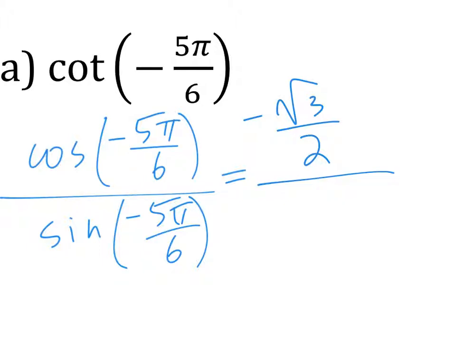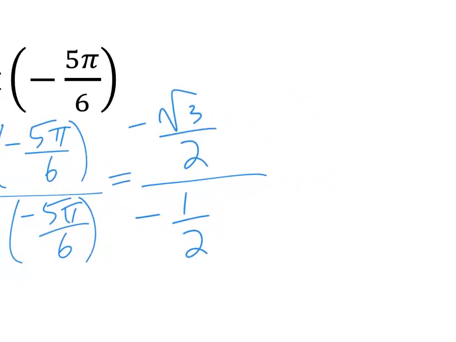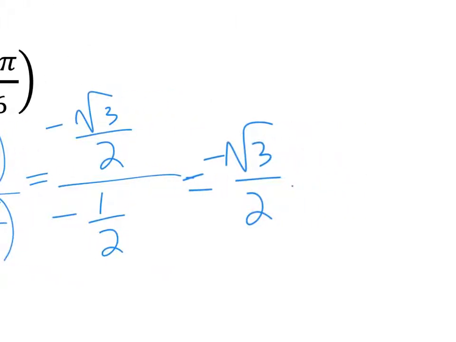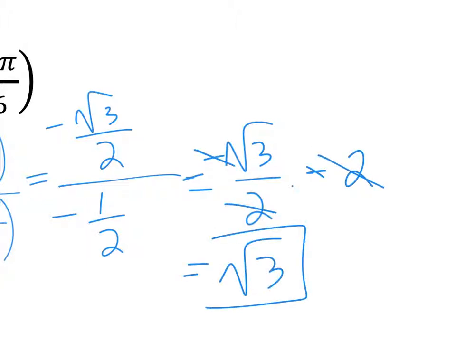One over 2, but we're negative. All right. Okay, so this is going to be negative square root 3 over 2 times negative 2. So that's going to cancel, and the negative cancels, square root 3.